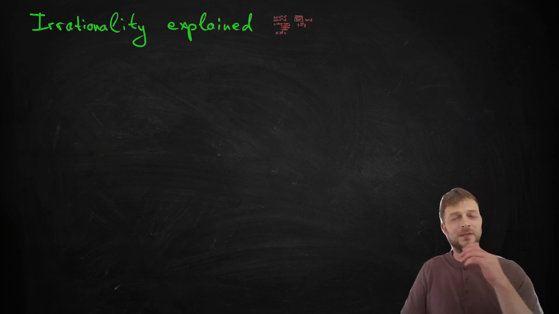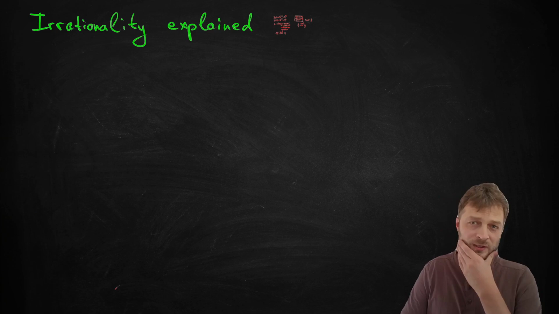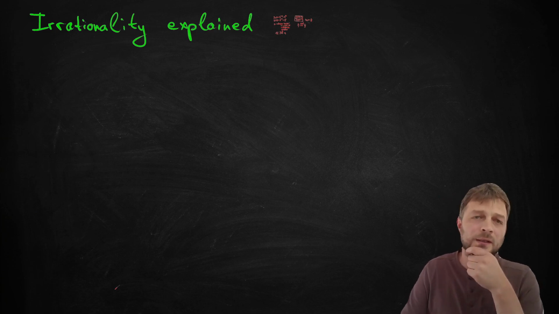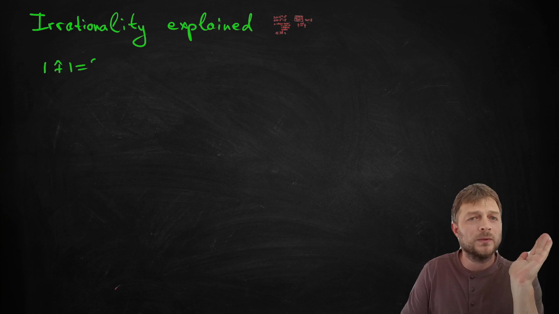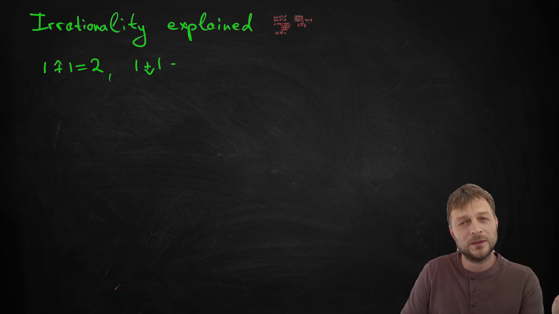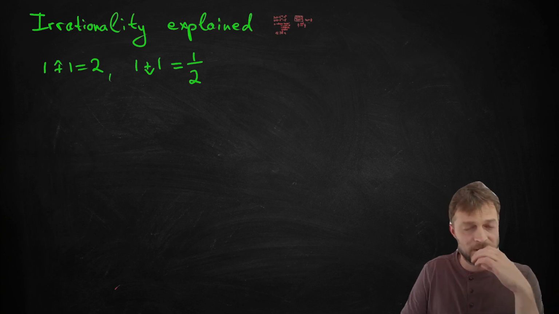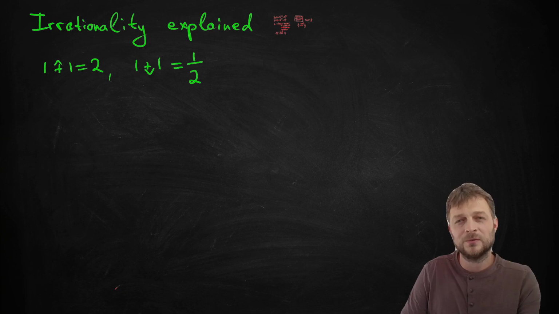Now we want to establish a connection with irrationality. If you remember, when we added 1 plus 1 equal 2, when we added 1 plus 1 with a dual addition operation, we were getting a fraction, right? So this dual operation led us to the notion of fraction.